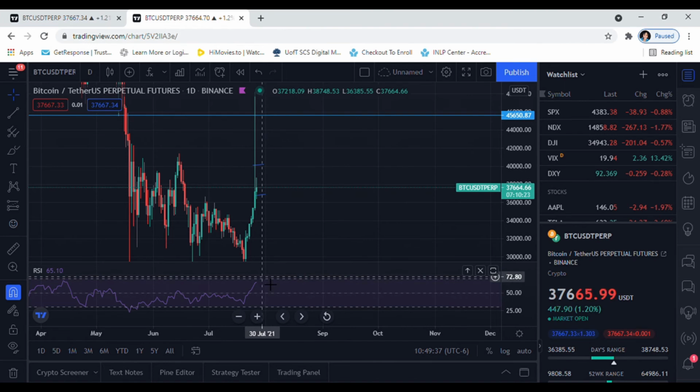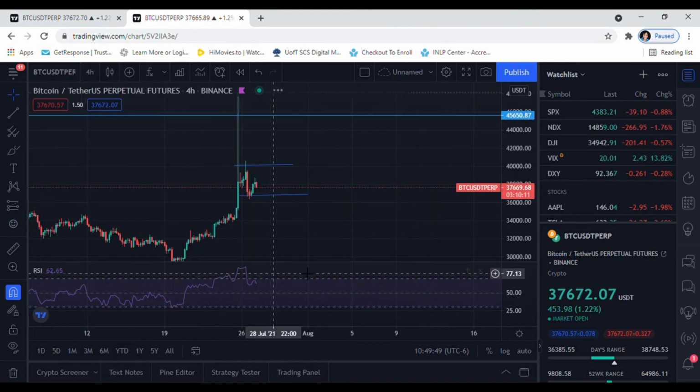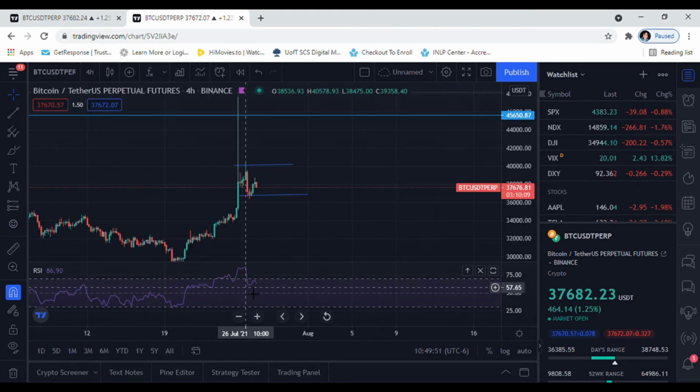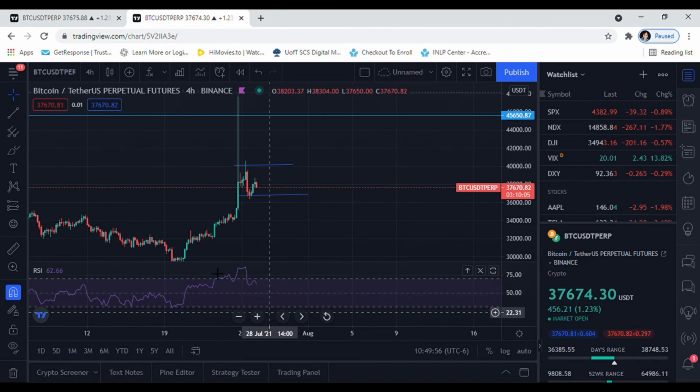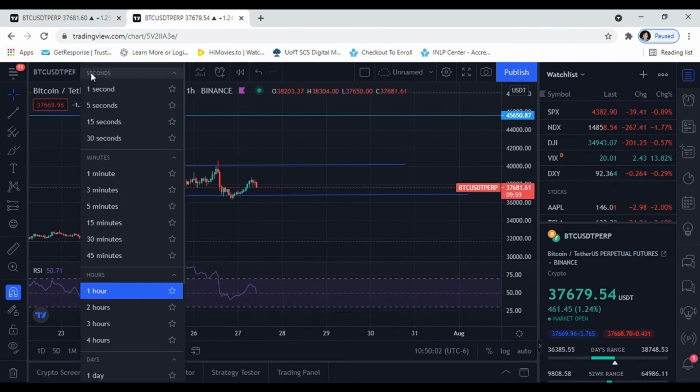It means that the price definitely should start going back down, because the market tends to follow what the longer time frame is saying. At the 4 hour, you can see that it's been overbought, and that's why the price is slowly starting to go down. On the 1 hour time frame, it's already closer to being down.